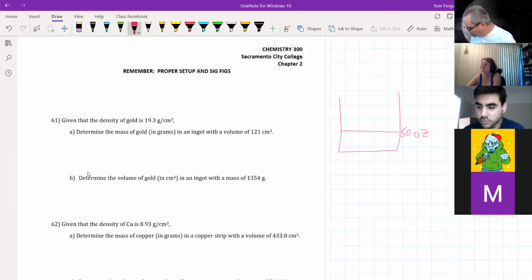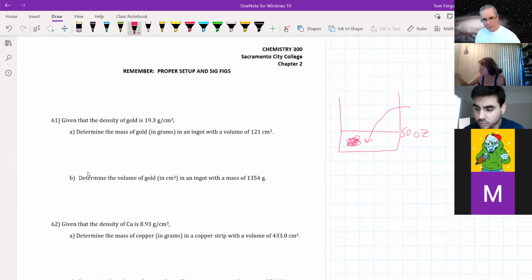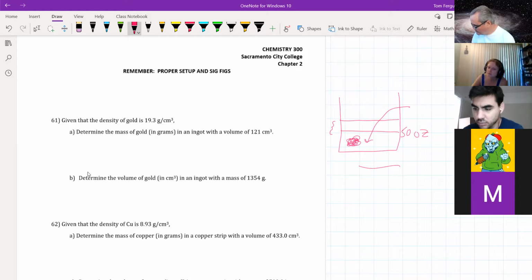And they would drop the gold in the water, and then the water would rise a certain amount. And that would be the volume of the gold. And that would be the denominator, the number on the bottom. So this would be the volume of the gold.